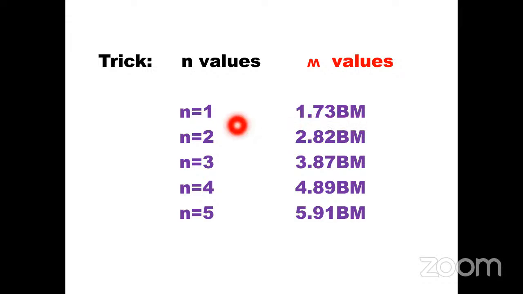So you can easily remember the number. If n is equal to 2, then the value is just 2. If n is equal to 3, then we get 3. If n is equal to 4, then we get 4. If n is equal to 5, then we get 5. These can be remembered easily.